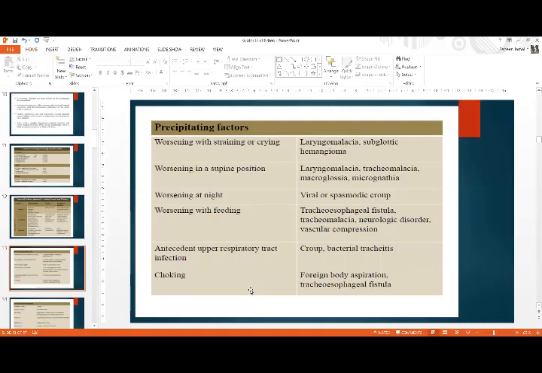If there is a preceding upper respiratory tract infection in the history, then croup and bacterial tracheitis are the most common causes. If there is a history of choking followed by stridor, then the number one suspicion should be foreign body aspiration, followed by tracheoesophageal fistula.